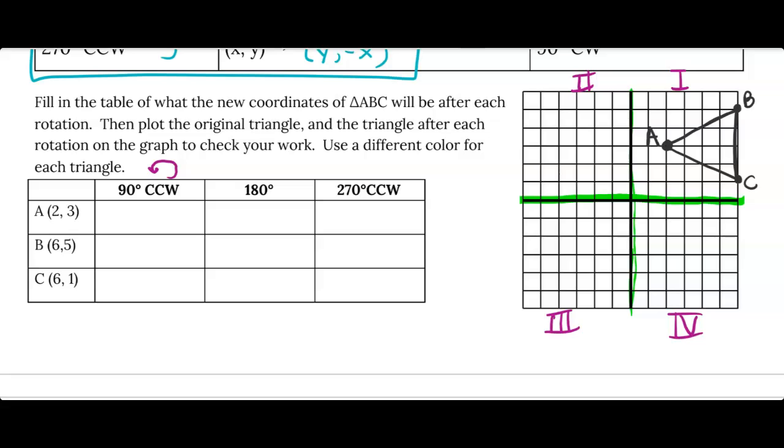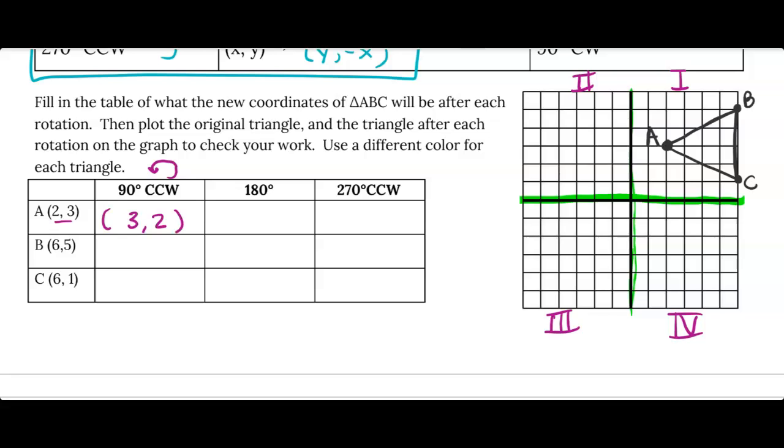So since I'm starting in quadrant 1, my entire triangle will end up in quadrant 2 because that is a 90-degree rotation. The other thing to remember is that every 90-degree rotation, the order of your ordered pair switches. So when I go 90 degrees counterclockwise, my order of my numbers will switch. So it's 2, 3, so it's going to become 3, 2.